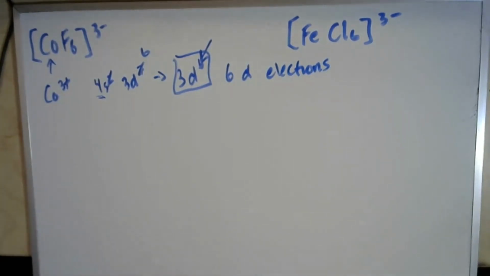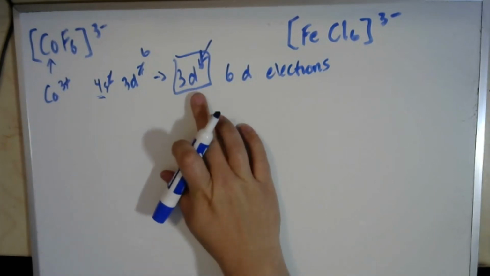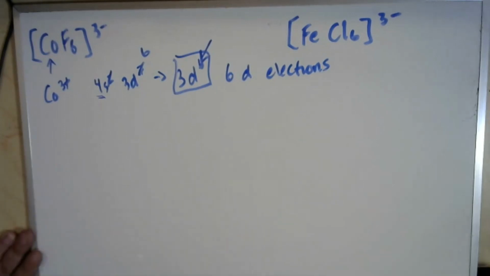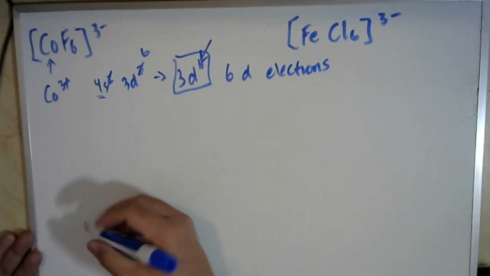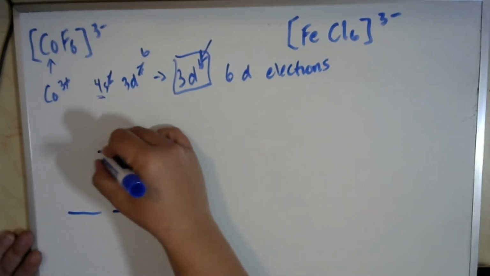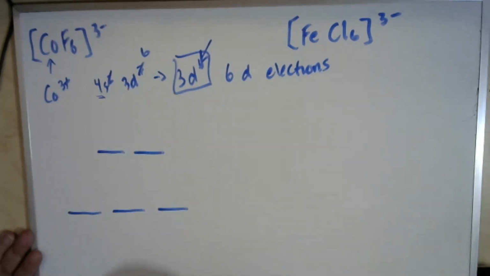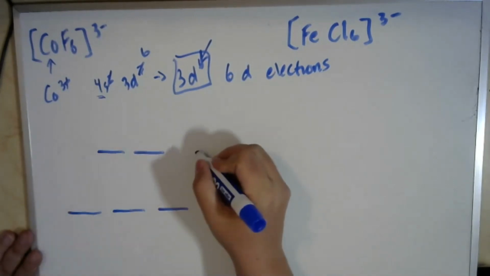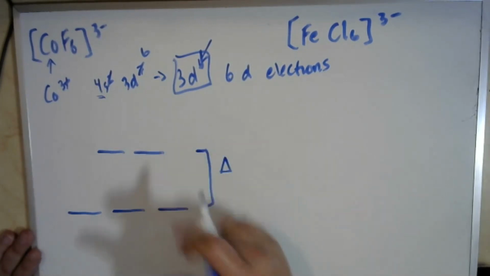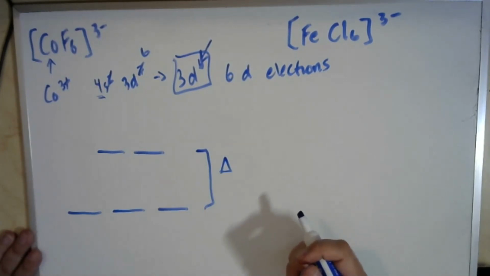All right. Our octahedral complex is talking about the orientation of the 5 d orbitals. Remember that our d sublevel has 5 orbitals, and in an octahedral orientation, 3 of those orbitals are going to be on a lower level than the other 2. The distance between here, this is your delta value. That's your crystal field splitting energy, right?